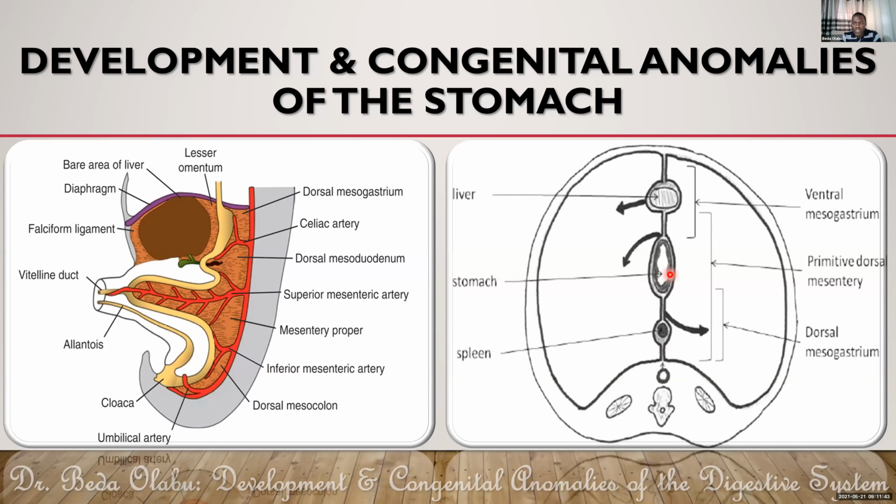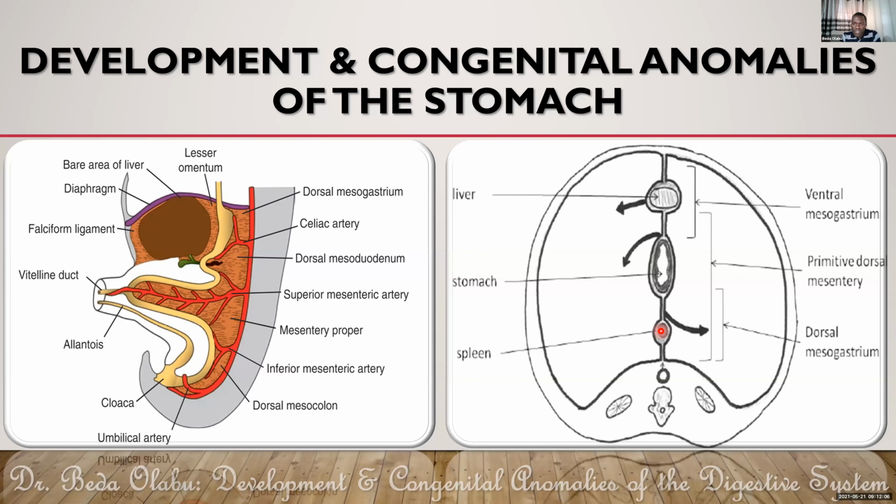This is the developing stomach. I want to add two more statements that I have not said yet. Within the ventral mesogastrium, that is where we usually have the liver developing. We'll talk about that shortly. Within the dorsal mesogastrium, that's where you have the spleen developing.